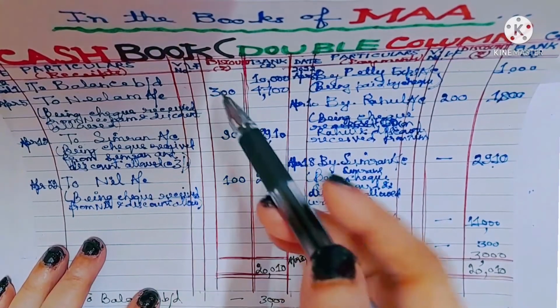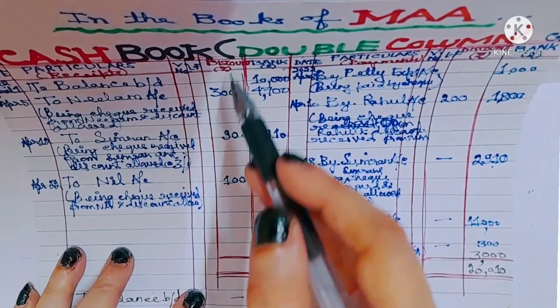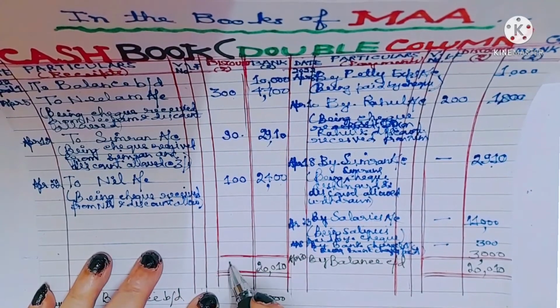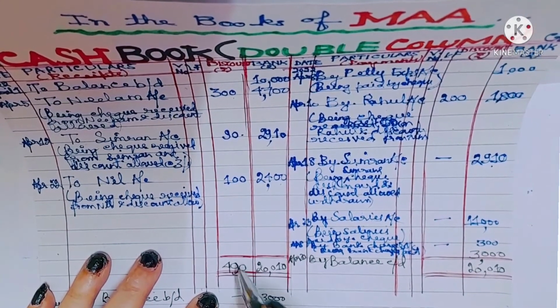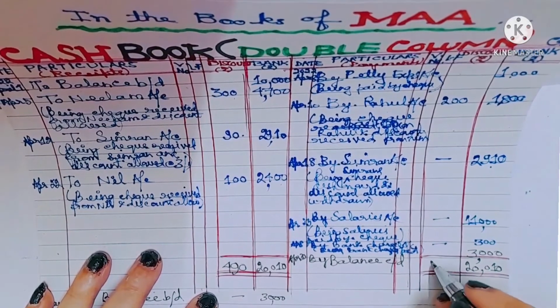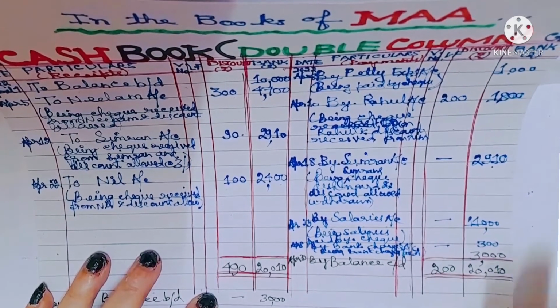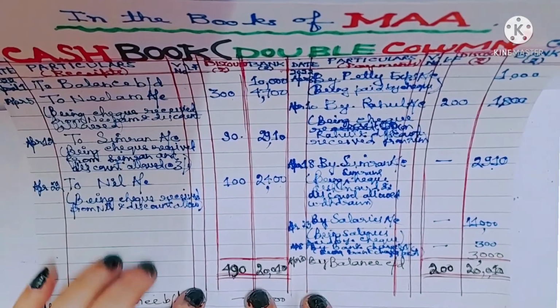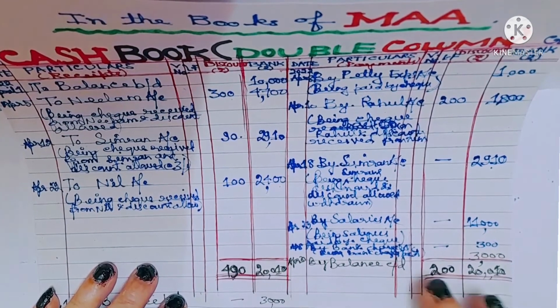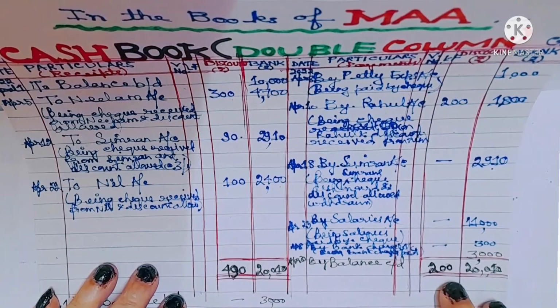So what is the total of discount column on the debit side? 300 plus 90 plus 100. That is 490. And what is the total of discount column on the credit side? Only 200. So write down 200. Nothing else. Just add up the totals and write down. Total of discount column on the debit side is 490 and the discount column on the credit side is 200.